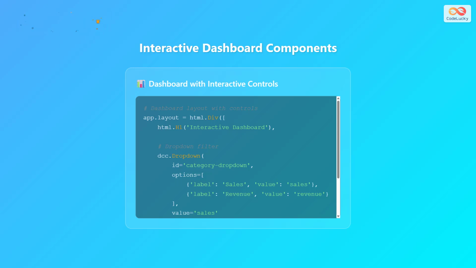For example, you might create a dropdown with id equals category-dropdown, containing options for different data categories like sales and revenue, with a default value of sales. The main visualization is created using dcc.Graph with a unique id like main-chart. This structure enables the dashboard to respond to user selections and update visualizations accordingly.